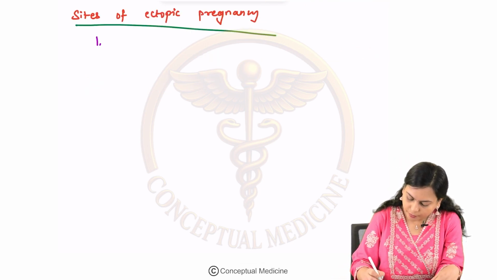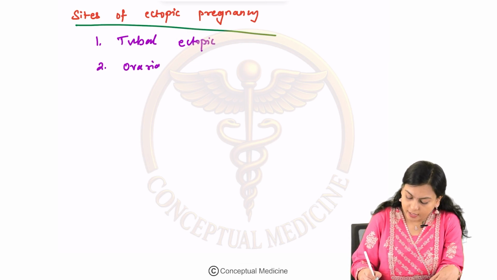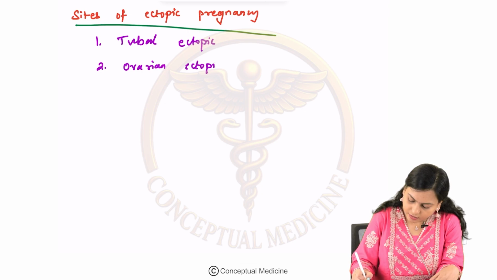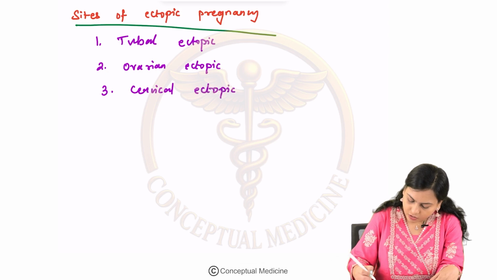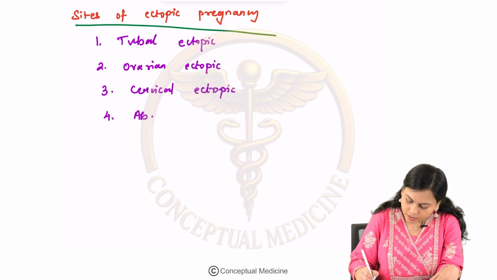So, sites of ectopic pregnancy: number 1, it can be in the adnexa, so it can be a tubal ectopic or an ovarian ectopic. Then it can be a cervical ectopic or abdominal ectopic.